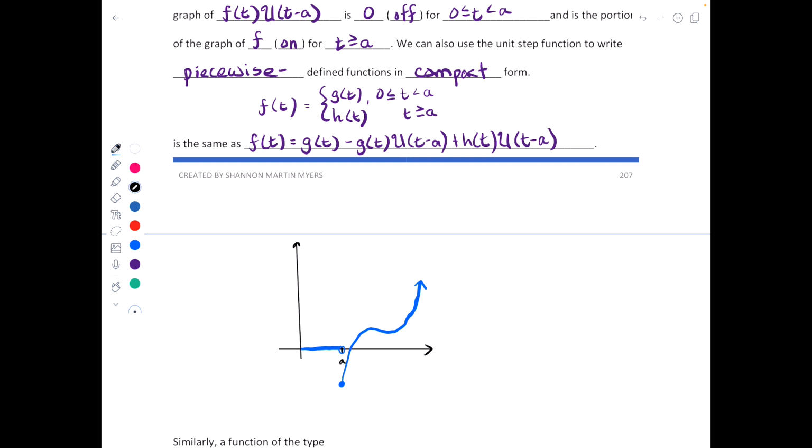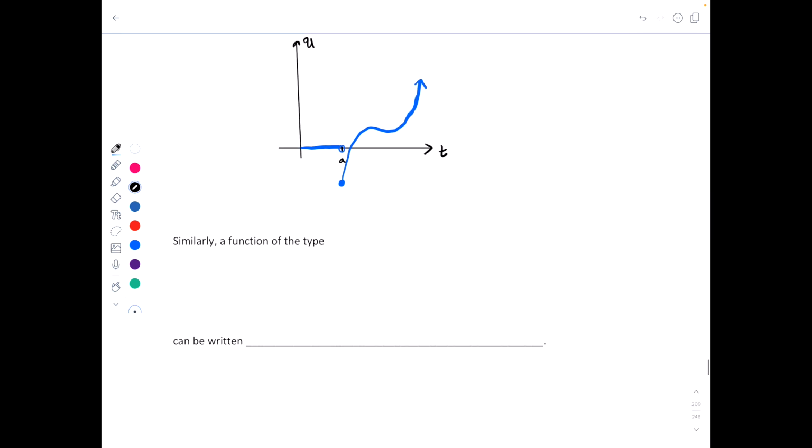And again, this would be our u at t. And then a function of the type f at t equals, maybe it's 0 between 0 less than or equal to t less than a.